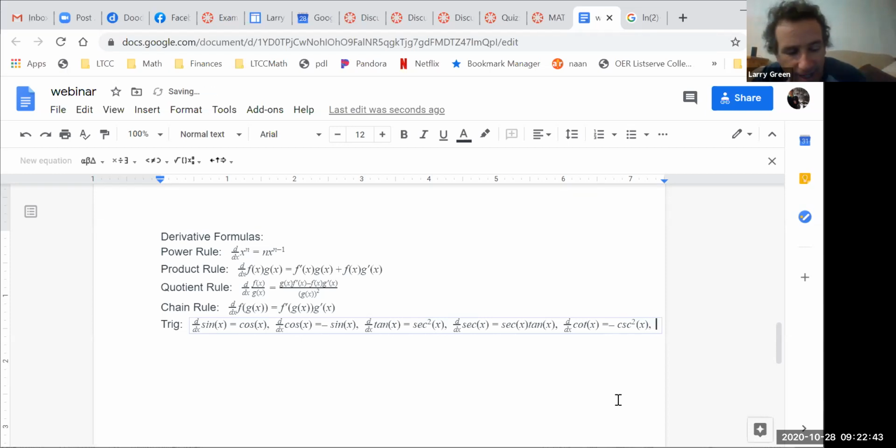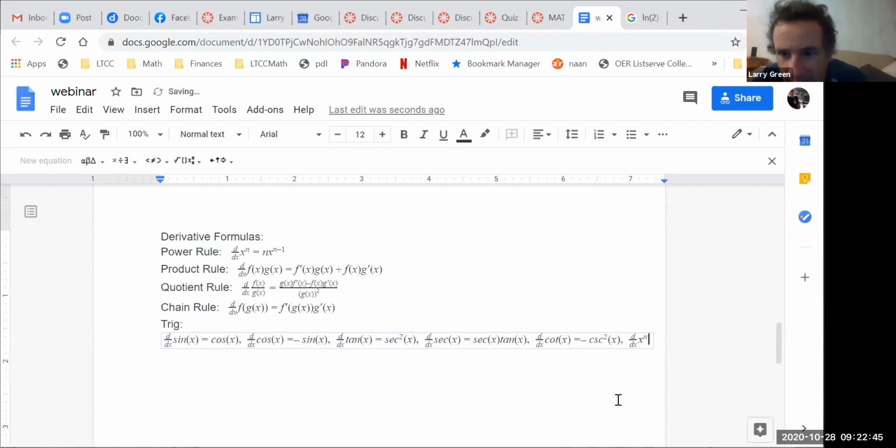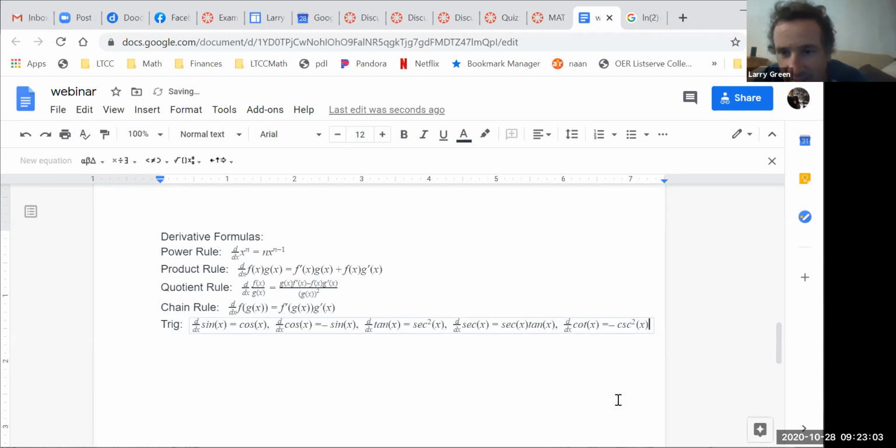And then we have the derivative of, what's left? I haven't done the cosecant of x. And that's supposed to be negative. You know what? I'm out of space here, so let's go there.